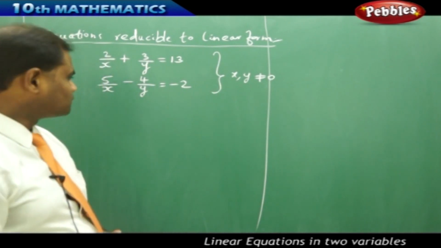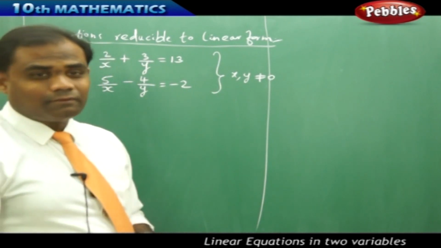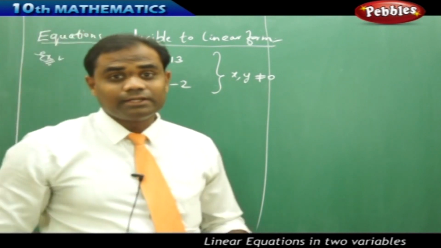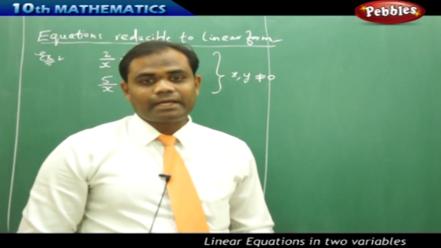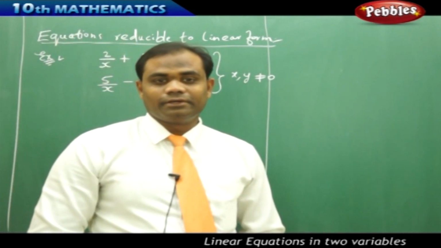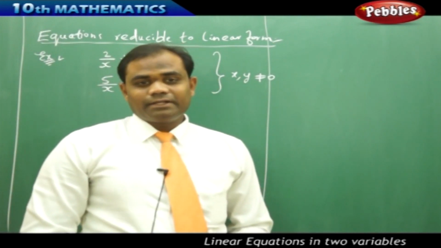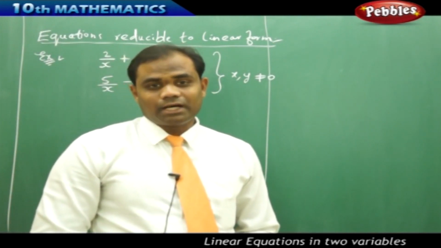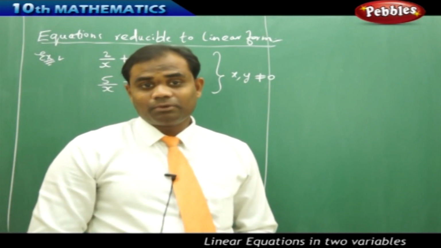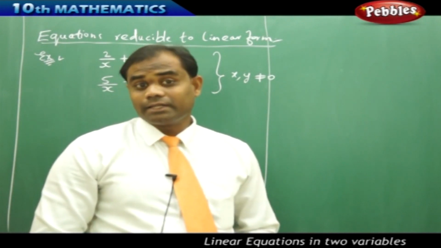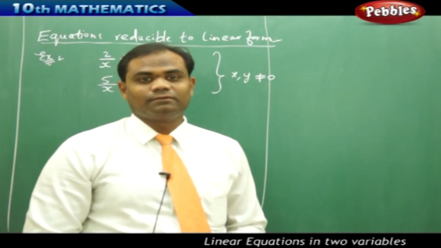But to start with, my question is, why are these two equations not linear? Let's recap the definition of linear equations. We have identified that linear equations are linear polynomials whose powers are non-negative integral powers.